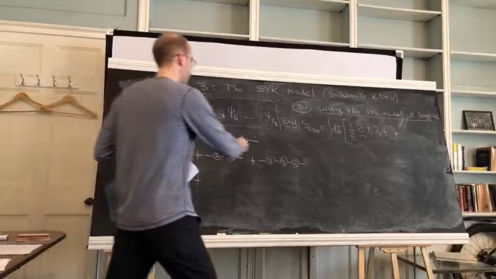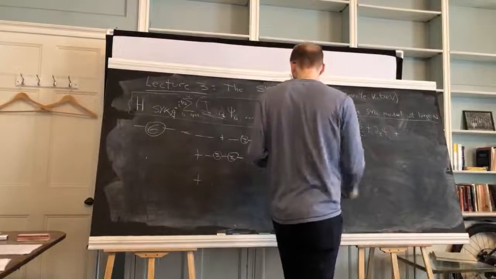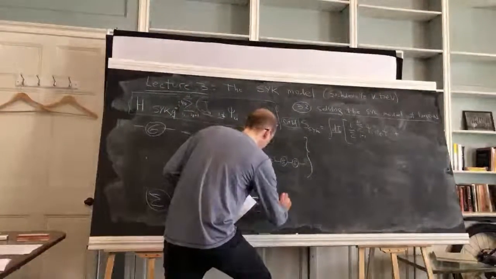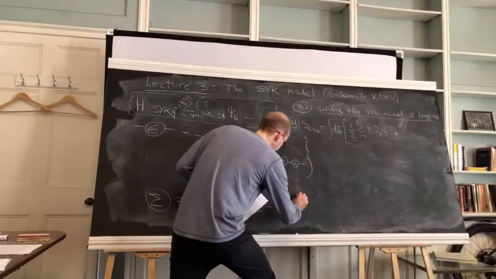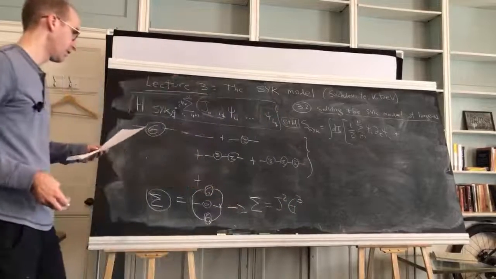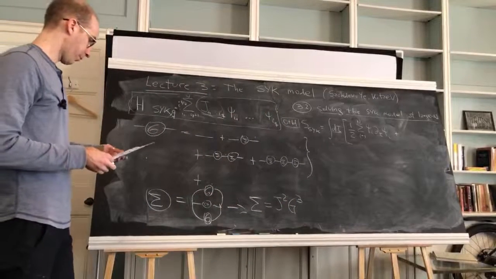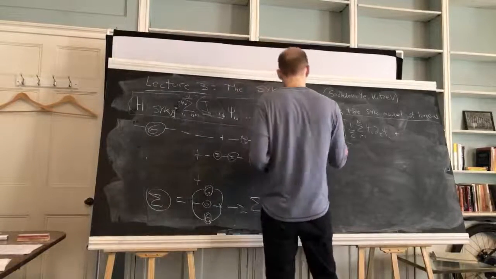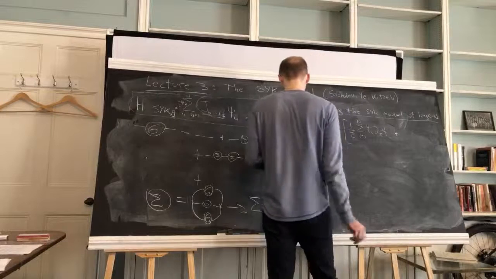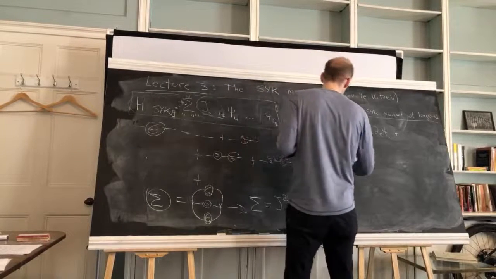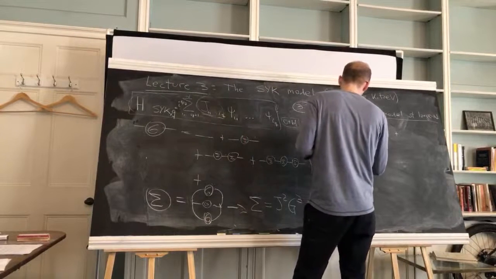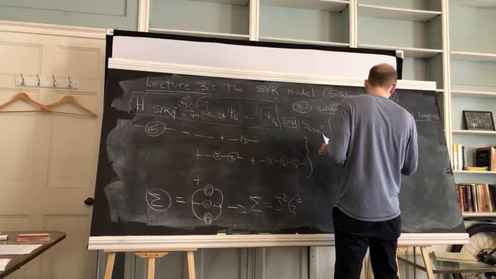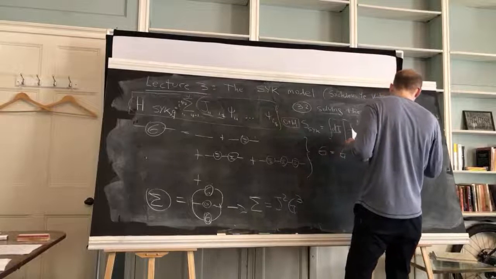So let's write down this line over here. Well, first, let's do the simple one. So sigma equals j squared G cubed. And now we need to do this one. So G is equal to, first we have the free propagator. Then we have G free, sigma, G free.